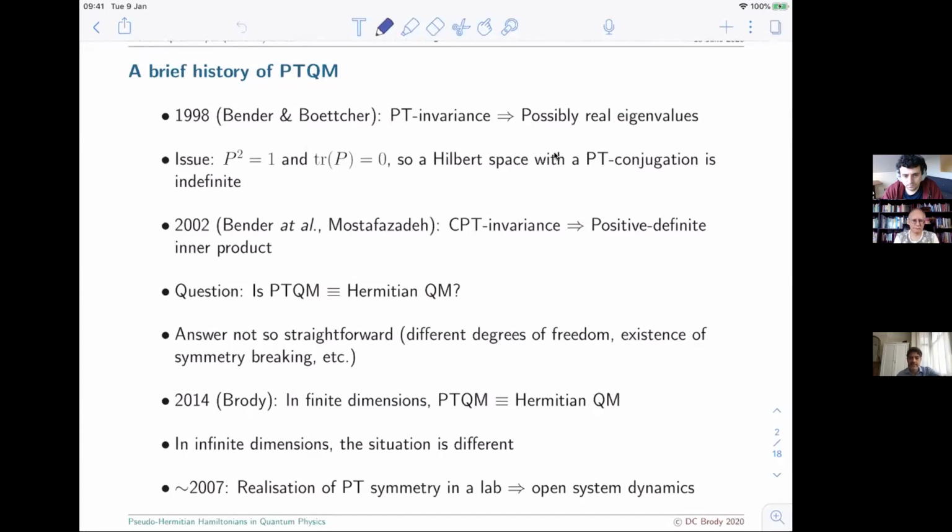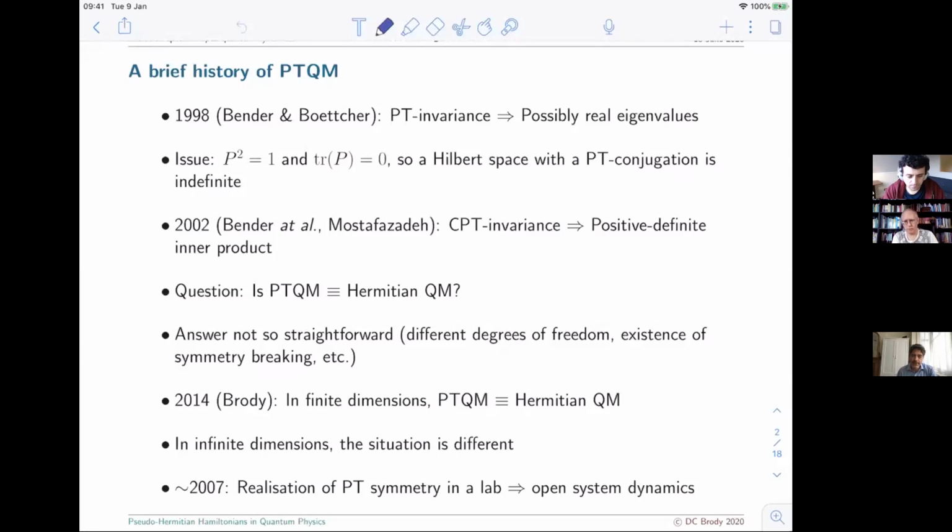Now, this was an interesting observation, and the question naturally came up as to whether one can do quantum mechanics with an operator of that type. And this wasn't immediately obvious for the following reason, namely, if we have a Hilbert space equipped with Hermitian conjugation, as in standard quantum mechanics, then that determines the inner product and also determines the adjoint.